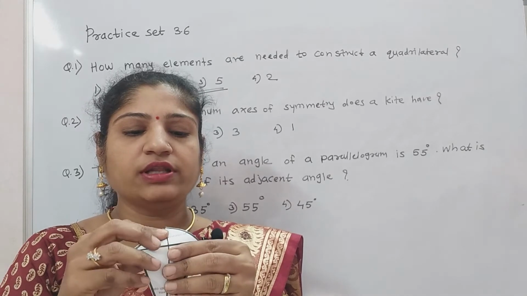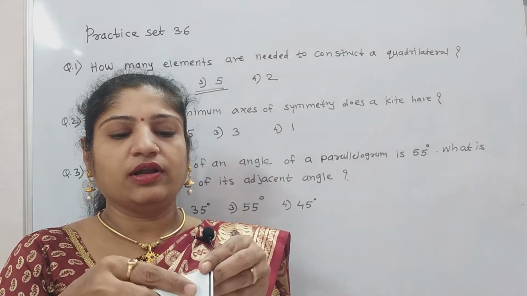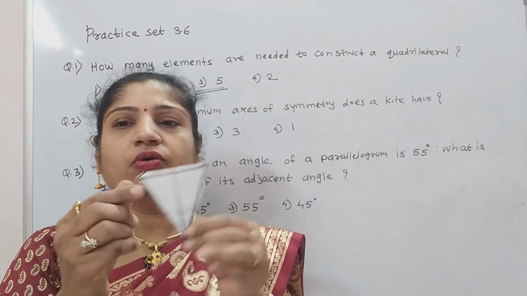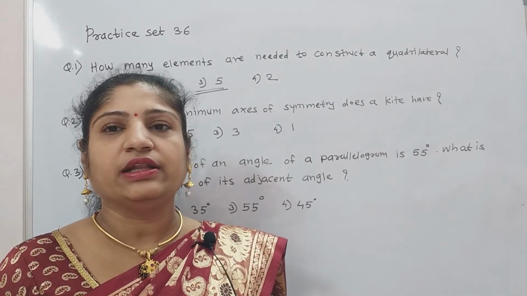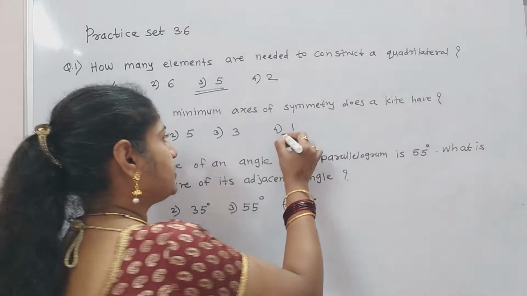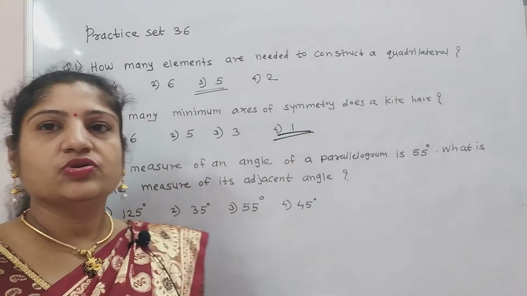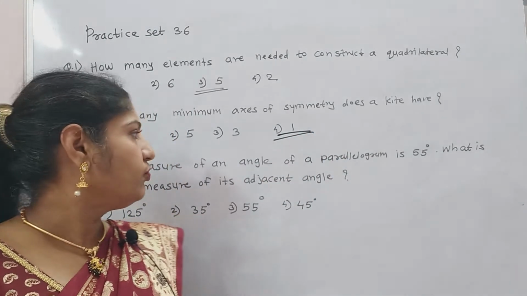If I fold along the other diagonal, no 2 equal parts are formed. So there is only one symmetry in the kite. So the answer is option number 4.